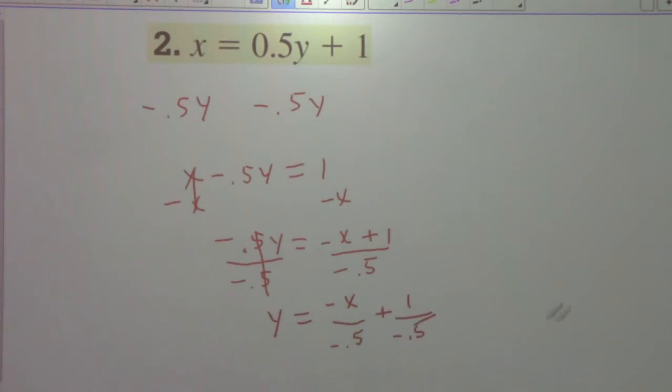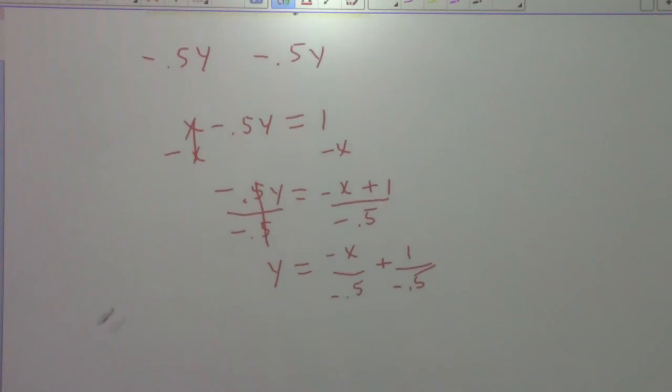Does that sound right? So what do we have when we simplify this out? y equals 2x, and what would this be? Minus 2. Okay.